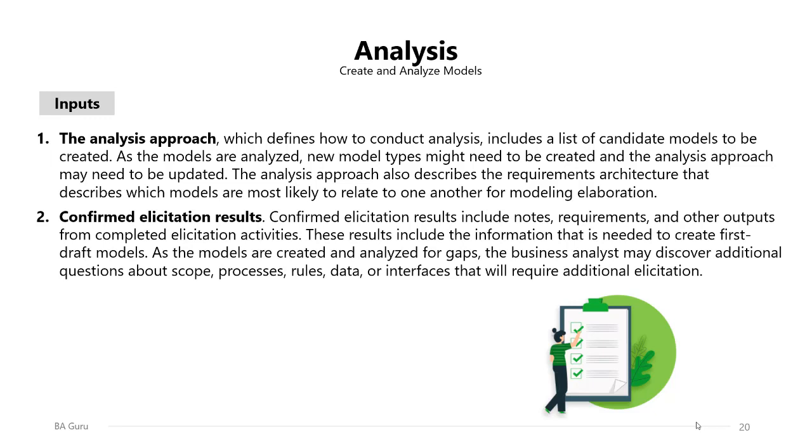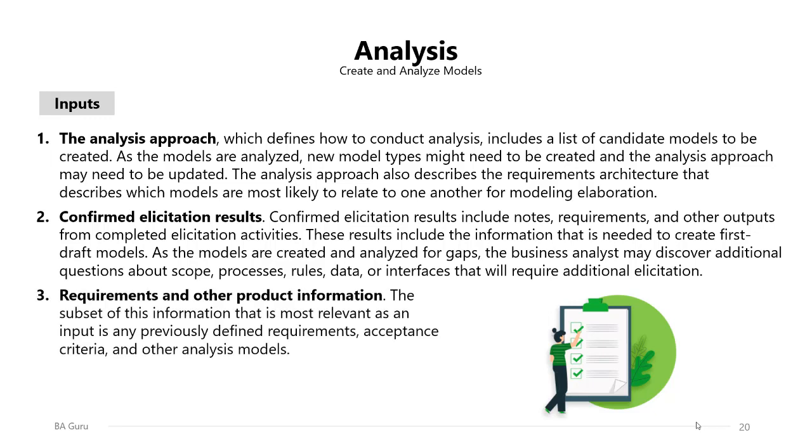Now you will also need the confirmed elicitation results, which is an output of conduct elicitation process. Confirmed elicitation results includes notes, requirements, and other outputs from completed elicitation activities. These results include the information that is needed to create first draft models. As the models are created and analyzed for gaps, the business analyst may discover additional questions about scope, processes, rules, data, or interfaces that will require additional elicitation.